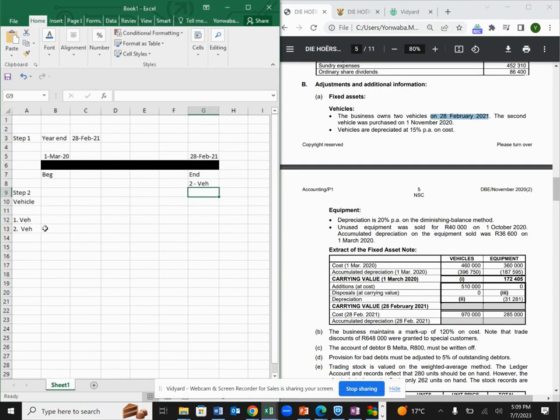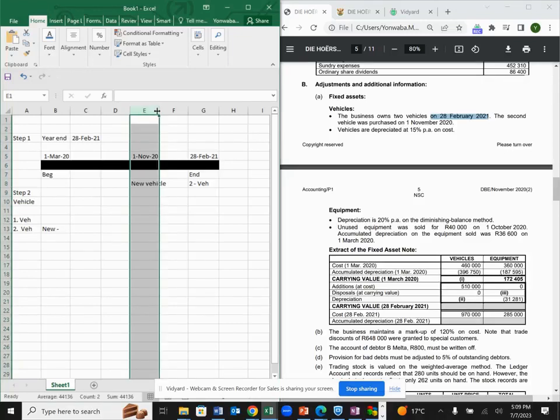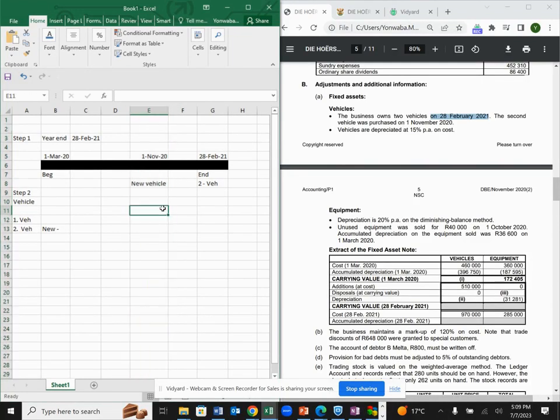Oh, so that means that one of these vehicles is new. So there's a new vehicle. Guys, that information is very important. So let's go mark that date there. They're saying that on the 1st of November 2020, there's a new vehicle. So they have purchased a new vehicle. Very important information to keep.